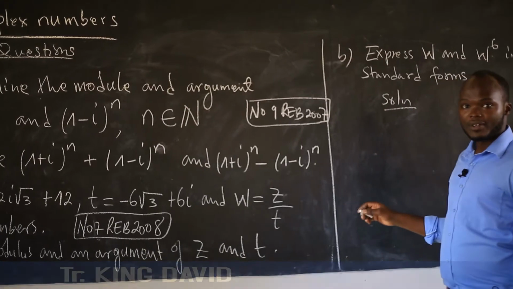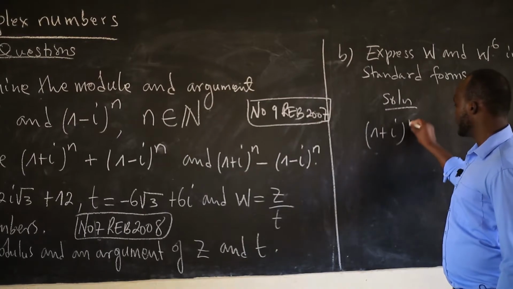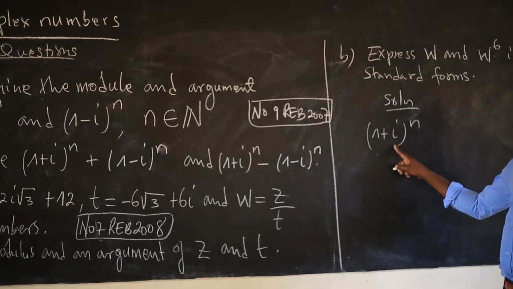With 6a, we're going to find the modulus and argument of (1 + i)^n. So how can you find the modulus and the argument?